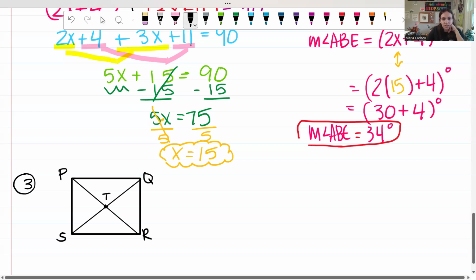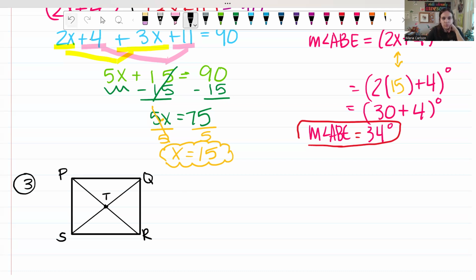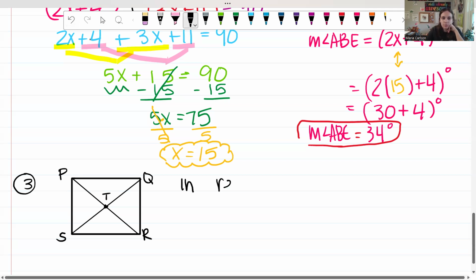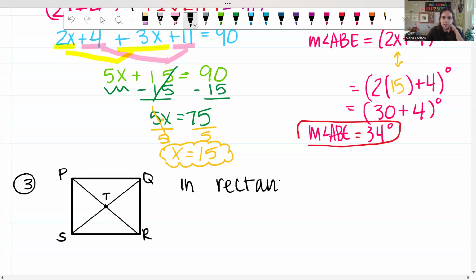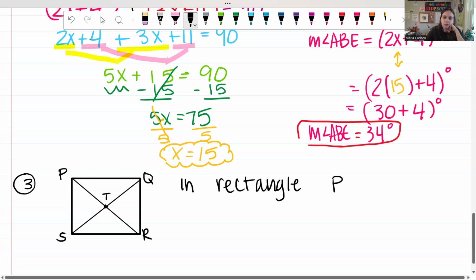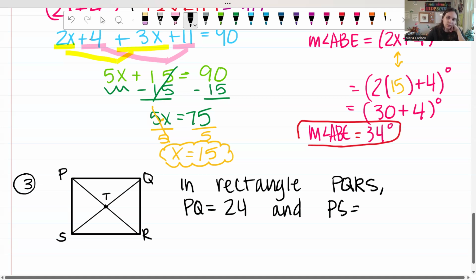In rectangle PQRS, PQ is equal to 24 and PS is equal to 15.